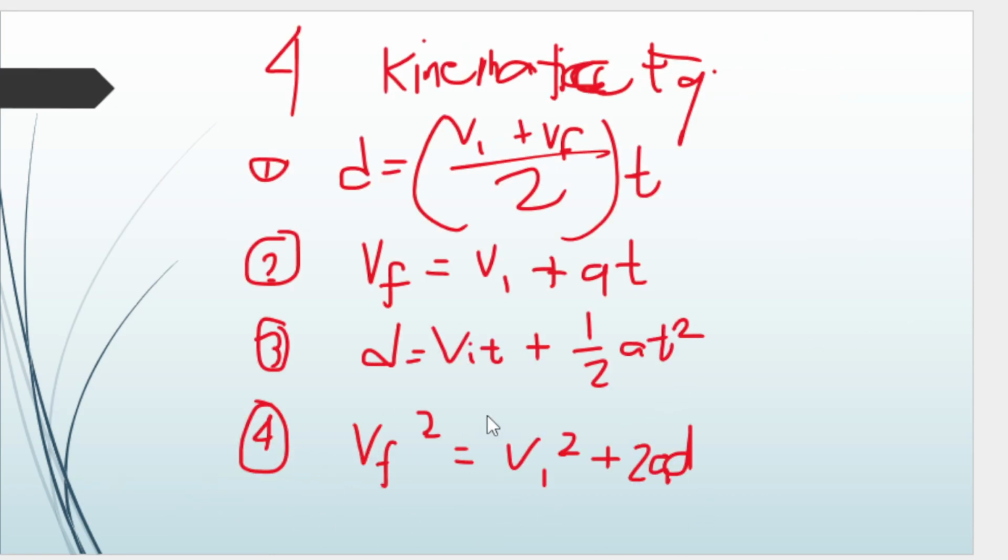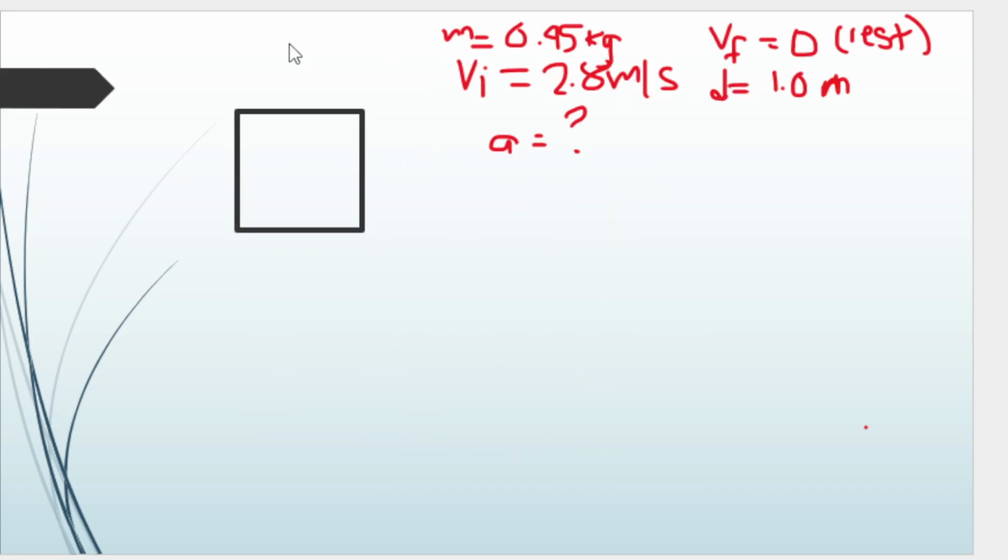Final velocity, initial velocity, acceleration, distance or displacement. So Vf squared equal to initial velocity squared plus 2ad.